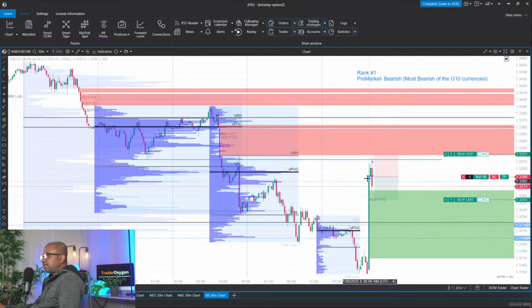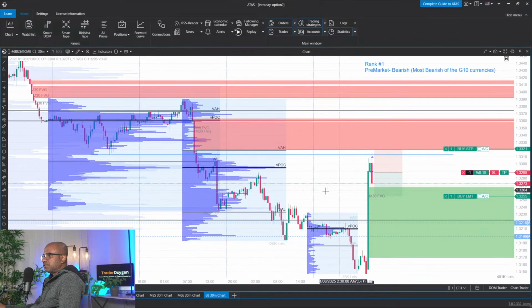The reason why the price is pushing down is the market sentiment is bearish for British pound. It is the most bearish out of the G10 currencies at the moment, and because it was in a bearish price action in the last few days, it is expected to be bearish.